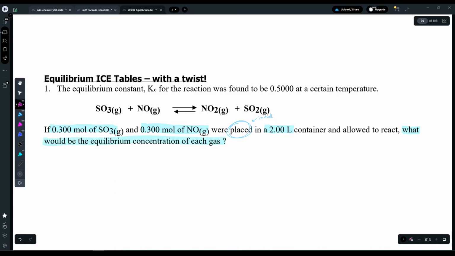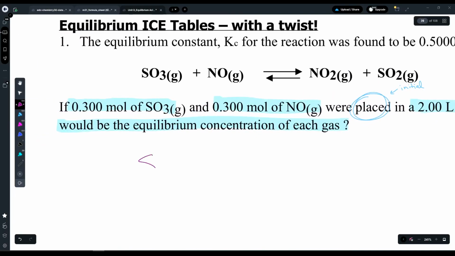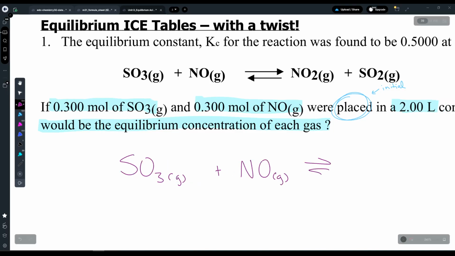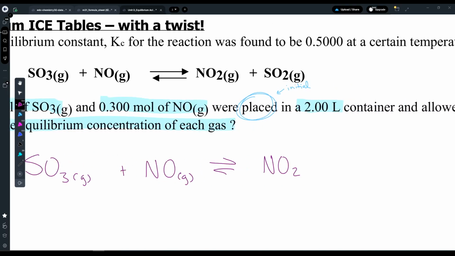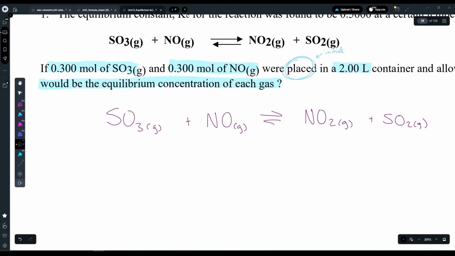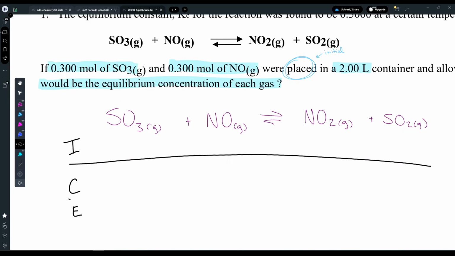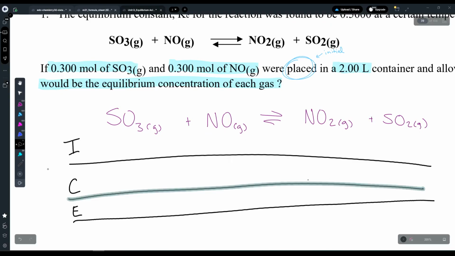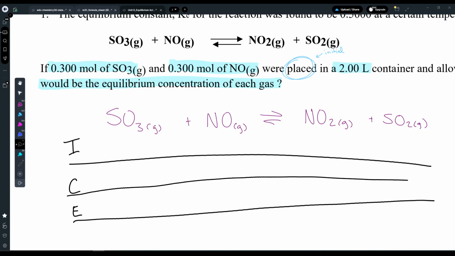All right, so let's start off with our balanced chemical equation, same as always. So now we're drawing in the ice table.